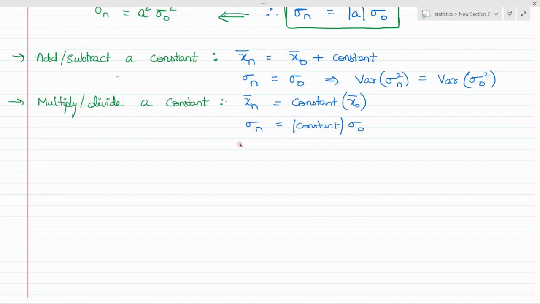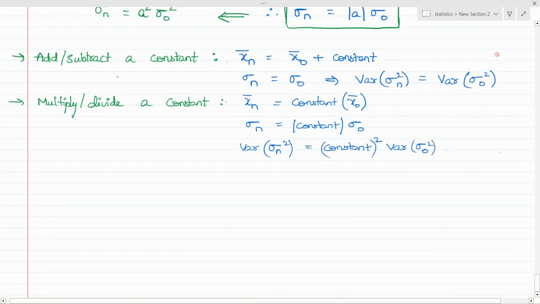Similarly, variance, that is the square of standard deviation, is equal to constant square into the old variance. So these are the things you need to remember because these are applied in solving questions.